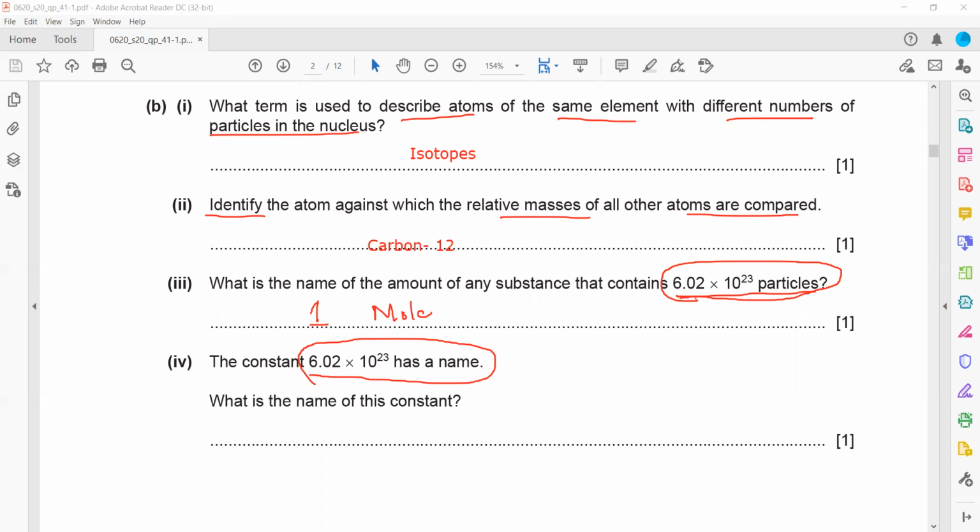So this many particles is called 1 mole, and this number has a specific name. This is called Avogadro's constant.